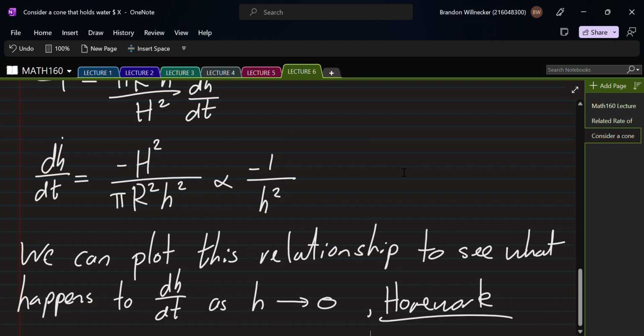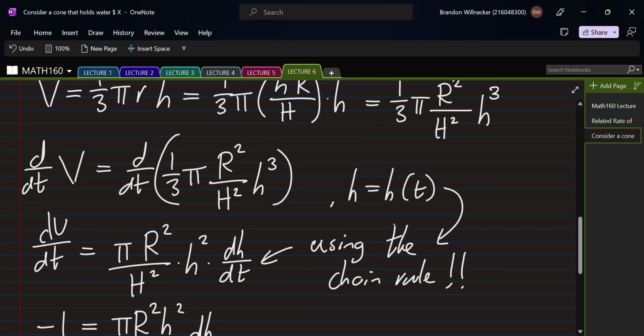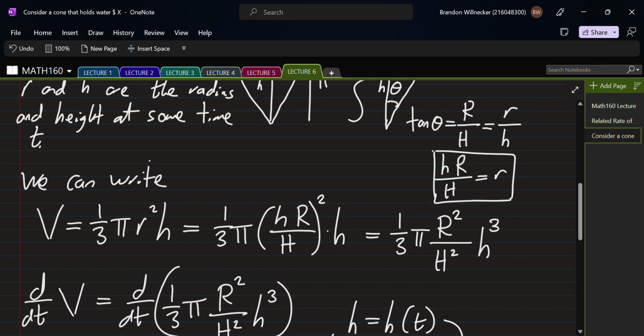We've got these two variables. They depend on each other with some equation, maybe like a volume equation. So we've got V and H. This is how they depend on each other. And what we want is to see how the rates of change depend on each other.